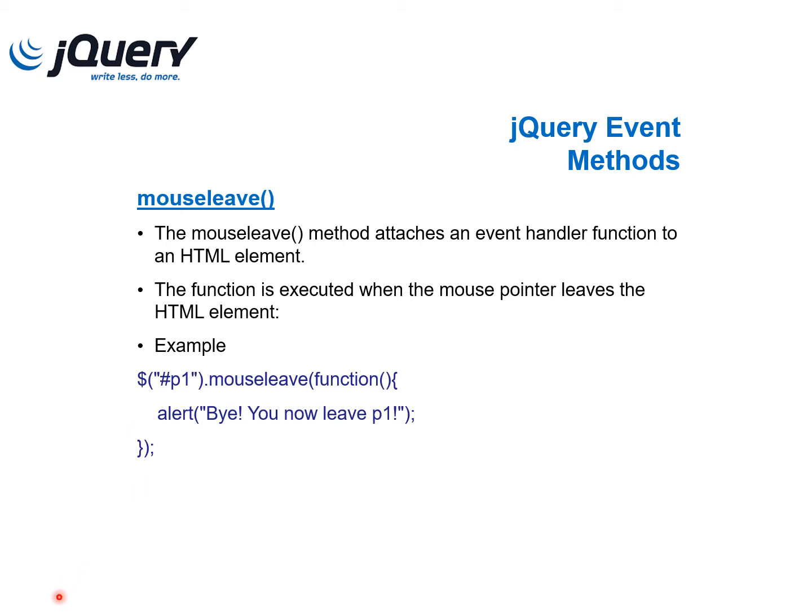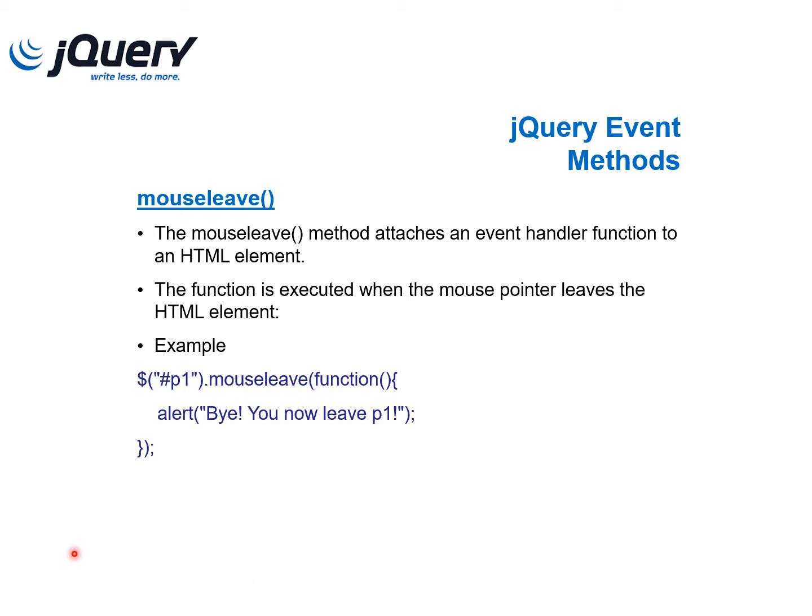So here we have an example: $("#p1").mouseleave(function(){ alert("Bye! You now leave p1."); }). In the previous event, we saw the mouseenter example, which specifies an ID selector p1. If the mouse enters an element with ID p1, it will generate an alert box with the message "You entered p1".